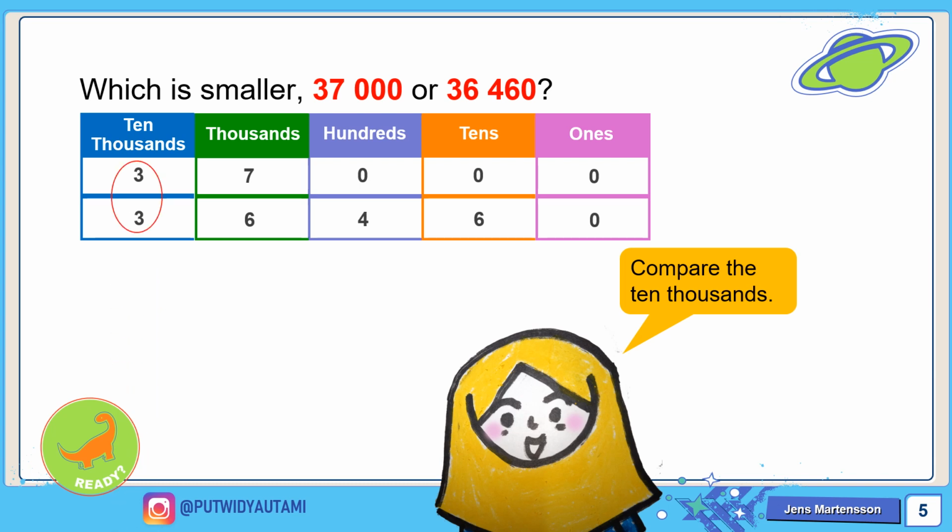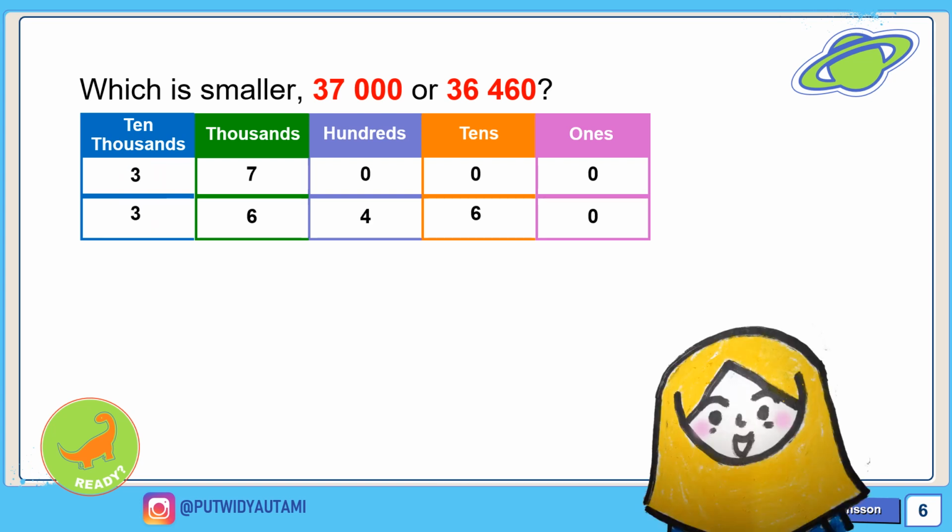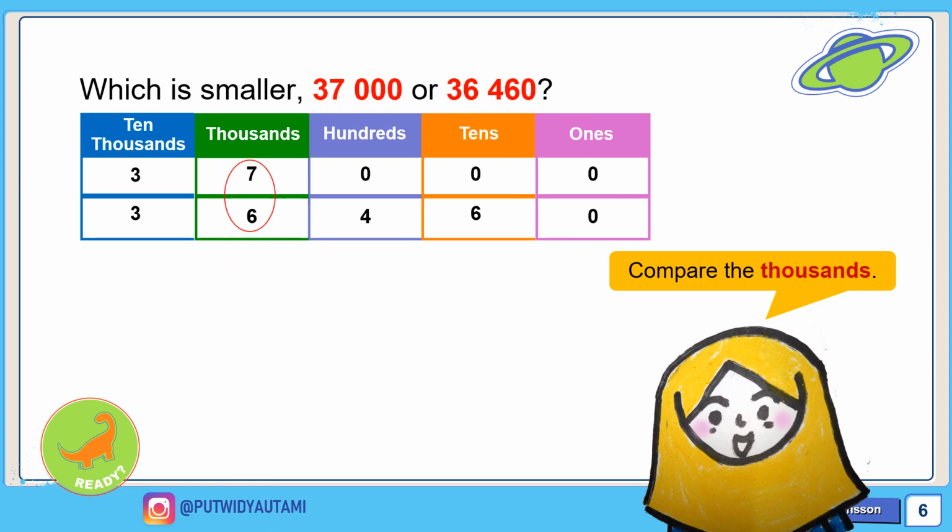When we compare the 10,000s, we got the equal of digits, right? So, let's compare the next digit, that is the thousands. We found that 7 and 6 are different.